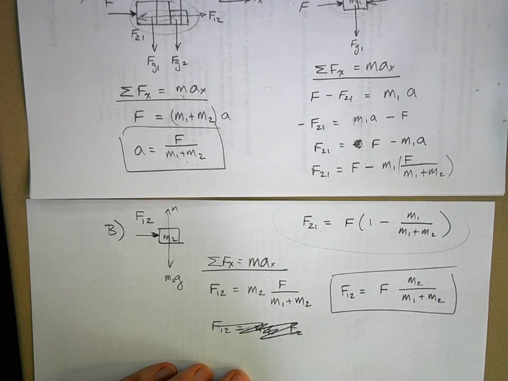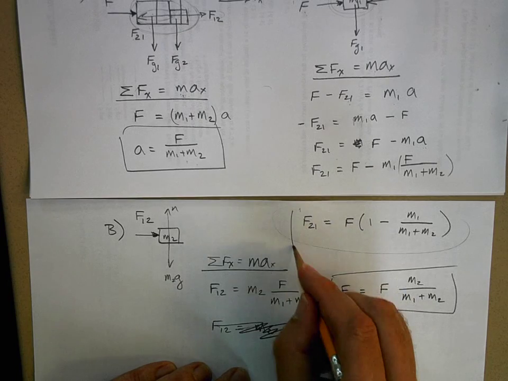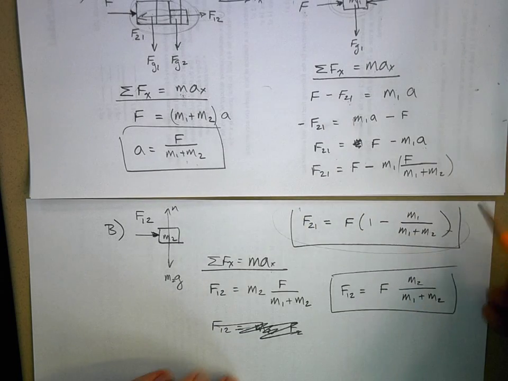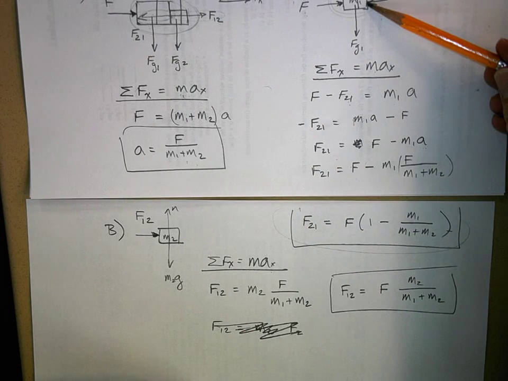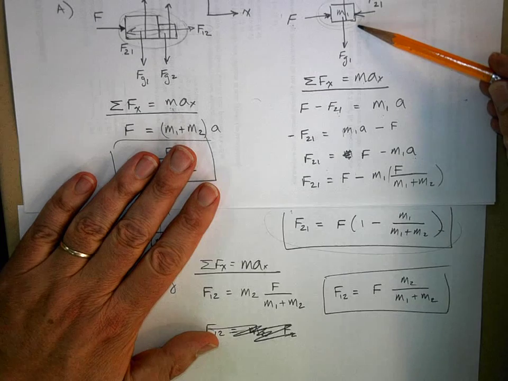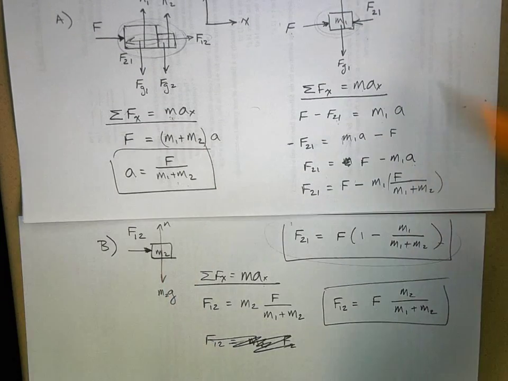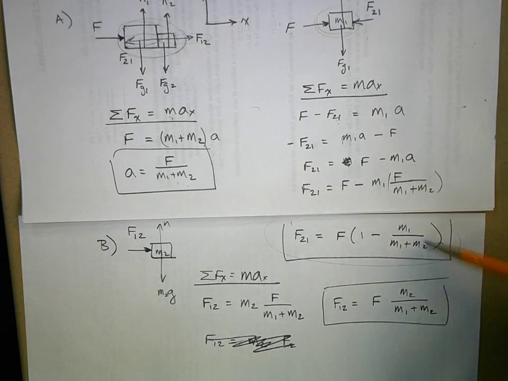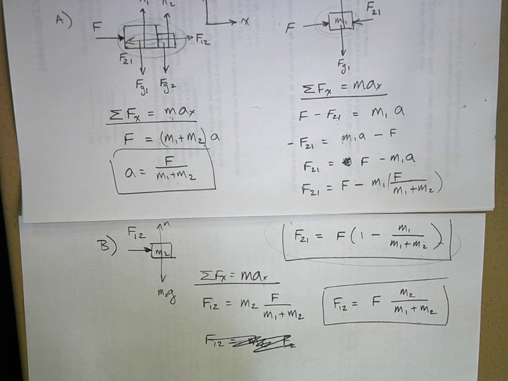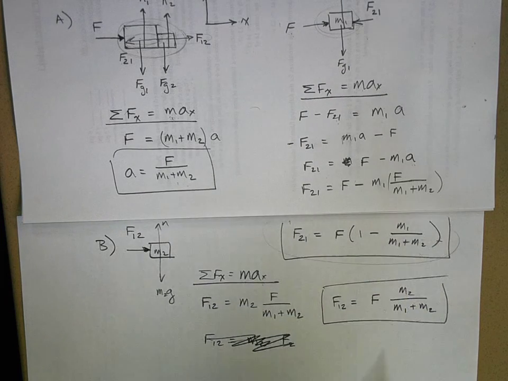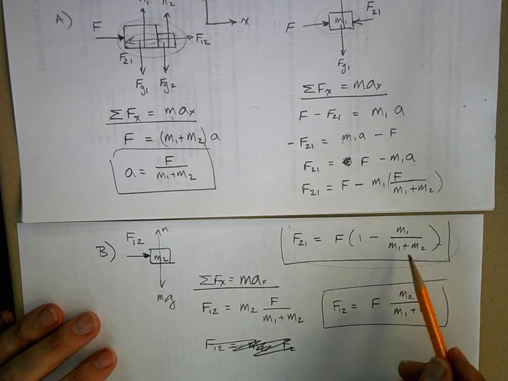Now, this was my answer doing it one way by choosing M1 as my free body. Are these two forces the same? These don't look equal, do they? Well, let's manipulate this a little bit.